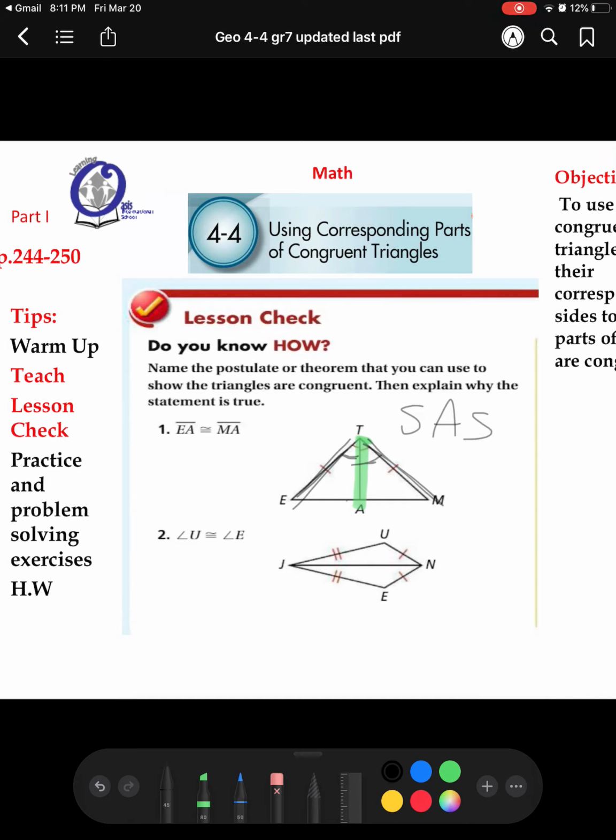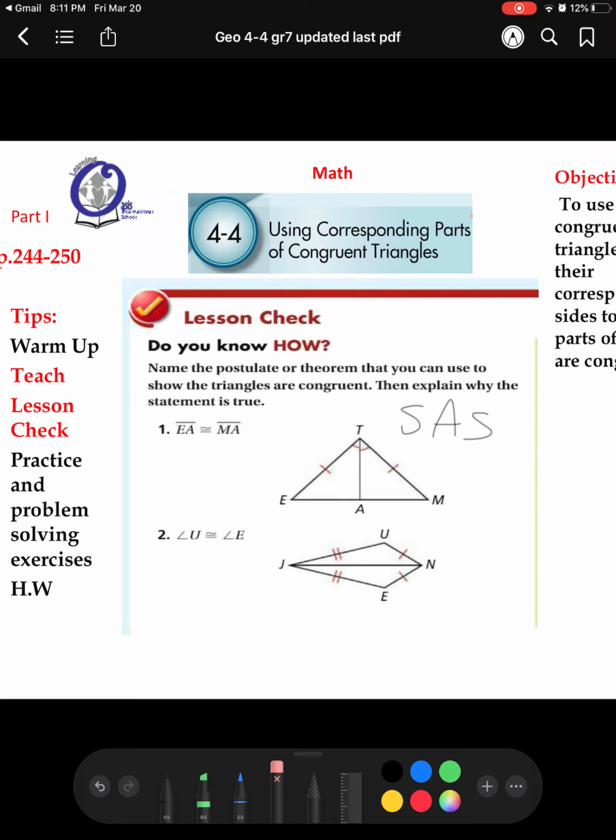Okay, I proved the congruence between the two triangles. So I will say that as a result of the congruence between the two triangles used SAS, the corresponding sides in the two triangles are congruent. The corresponding angles in the two triangles are congruent.